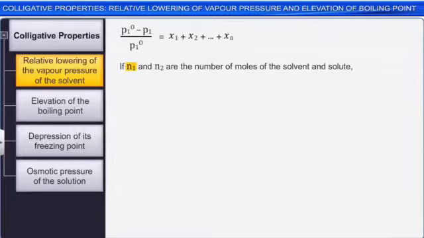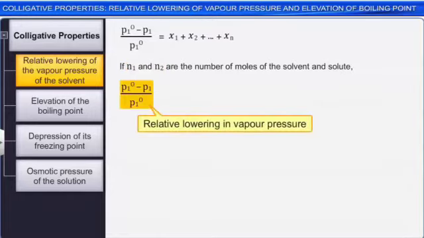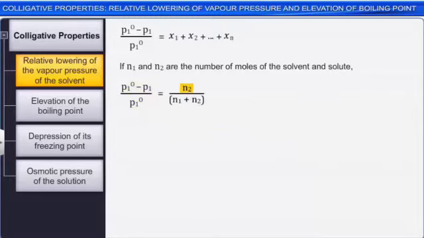If N1 and N2 are respectively the number of moles of the solvent and solute in a binary solution, then the relative lowering in the vapor pressure of the solvent, (P1⁰ minus P1) divided by P1⁰, is equal to N2 divided by (N1 plus N2).